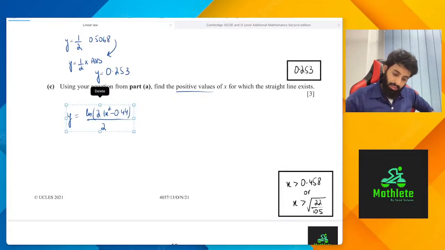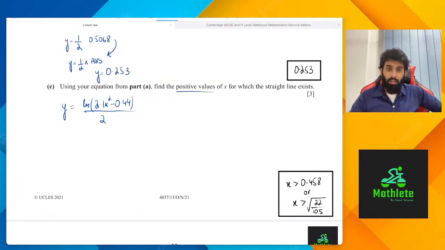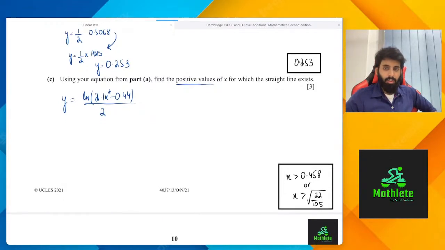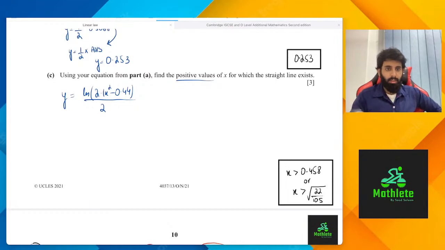Considering that you have ln over here, how exactly are you going to make sure that y stays defined? What is it that we need to watch out for? Let's see how well you guys know logarithmic functions.